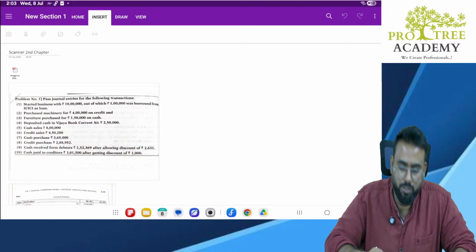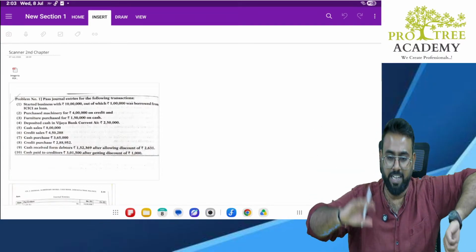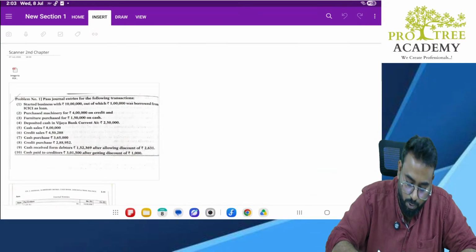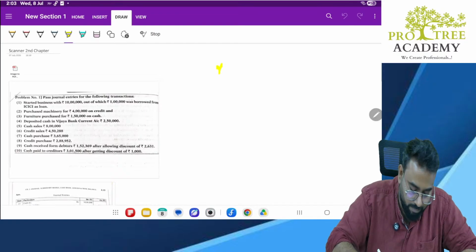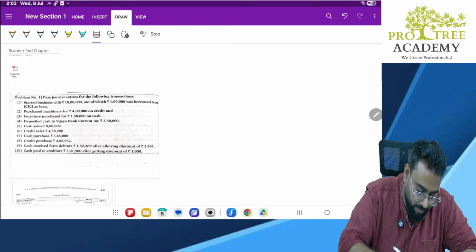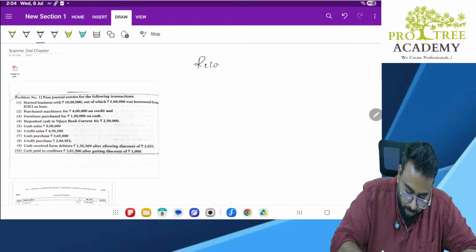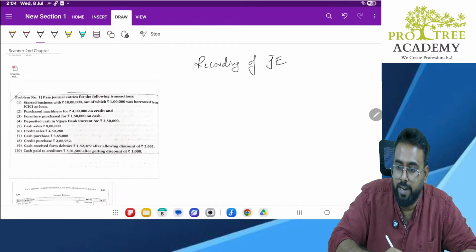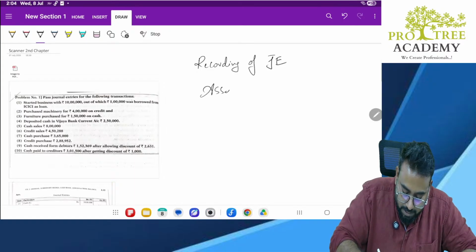Okay, so yesterday we saw what all? A quick revise. We saw how to record a journal entry, correct? Recording of journal entries. Can we just quickly classify assets?